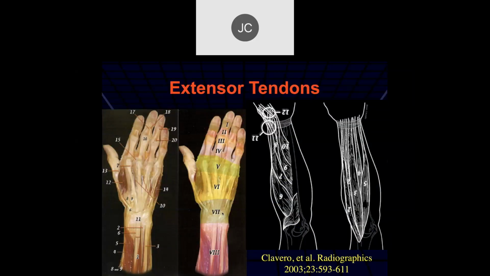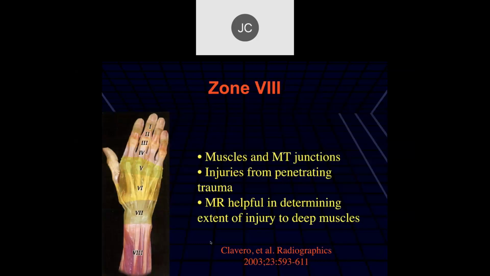If we look at the extensor tendons, you can divide the area of anatomy into 8 zones, with the first zone being the distal interphalangeal joints, and the 8th zone really being the distal aspect of the forearm. Let's start proximally and work distally, looking at some of the key anatomy in these different zones.